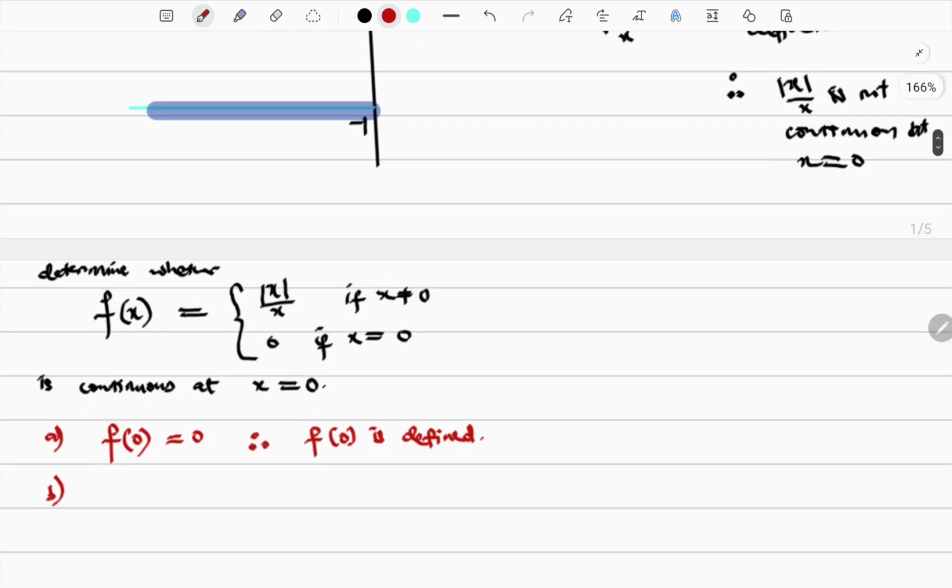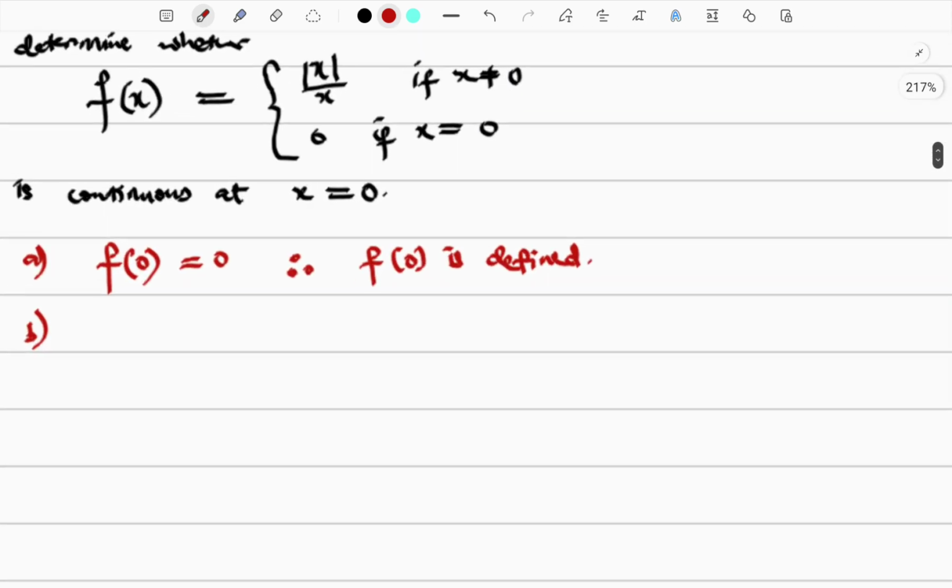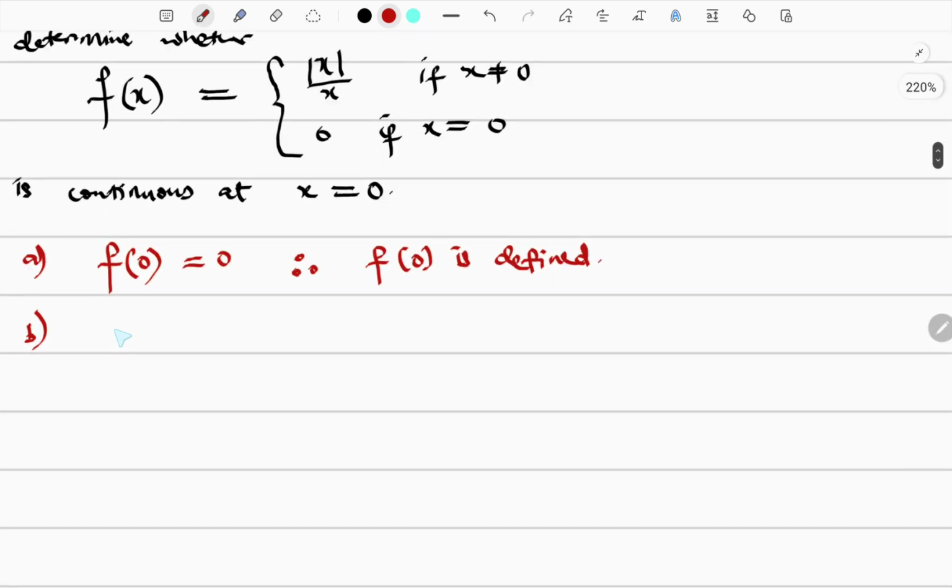So the limit as x approaches 0 of modulus of x over x should exist. Here we are going to prove it, so you're going to consider the left and right limits.